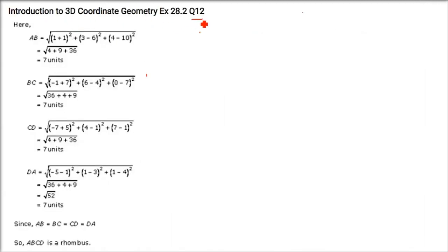Question number 12. Show that the points A, B, C, D are the vertices of a rhombus. So we have a rhombus here, similar to a square. It's basically a diamond shaped figure with all the sides equal.